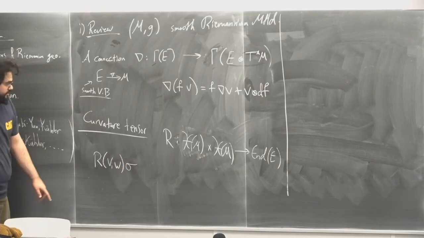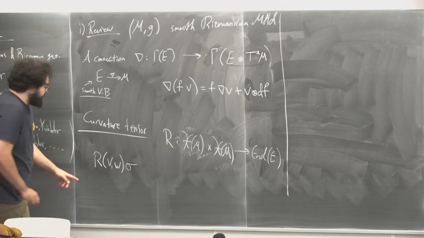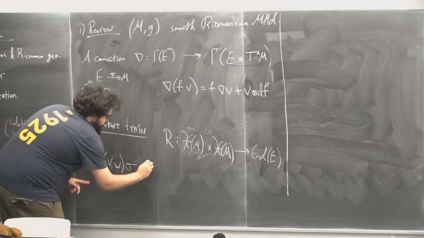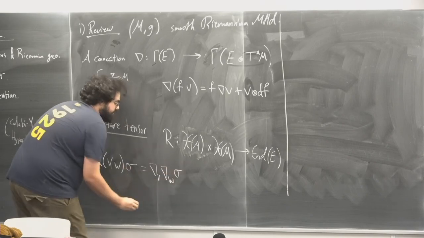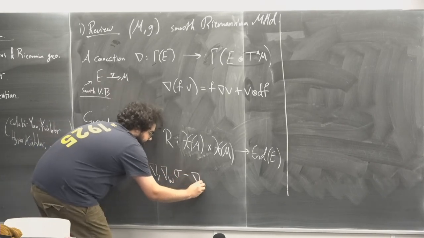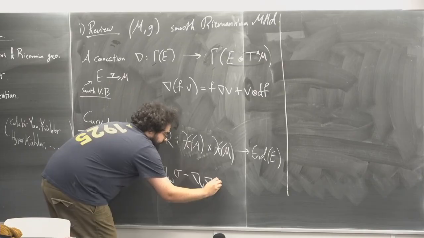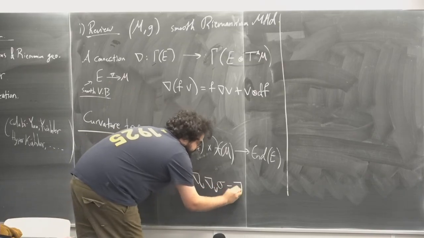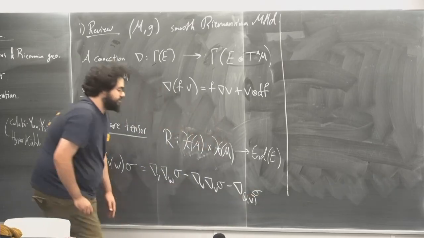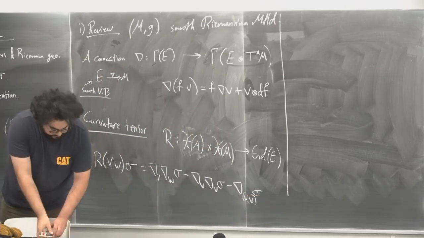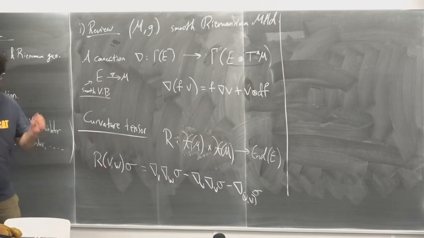If sigma is a section, then R(V,W) sigma is nabla V nabla W sigma minus nabla W nabla V sigma minus nabla [V,W] sigma. Sorry, what does nabla sub V mean? Good question.